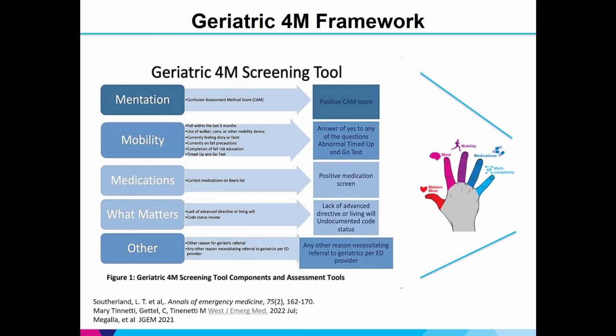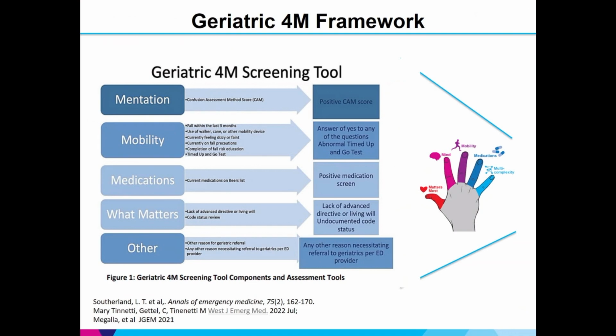And finally, a careful review of her medications and opportunities, even in the emergency setting, to review medications, de-prescribe medications, and identify high-risk medications. Polypharmacy is common also in our older adults in the ED and has been associated with increased risk of morbidity and mortality. And thinking of the emergency room as an opportunity to really pick up on these things for our older patient can really impact care.